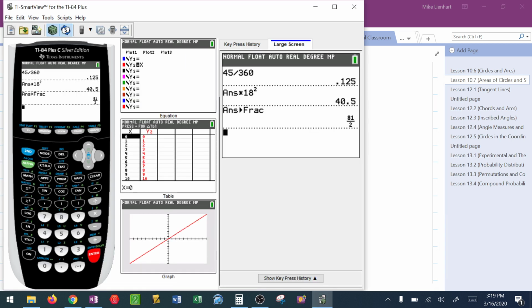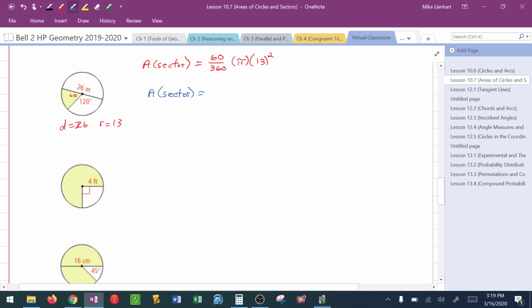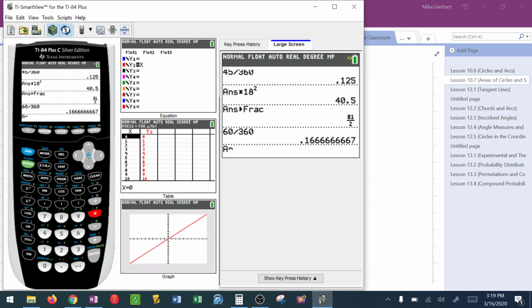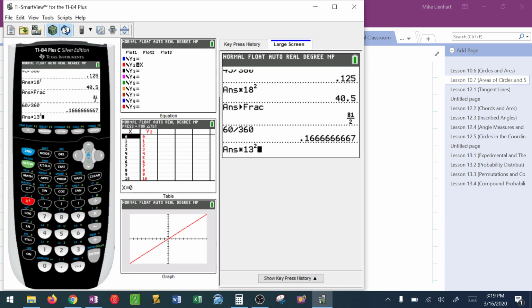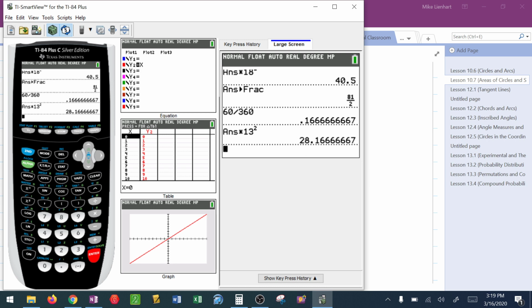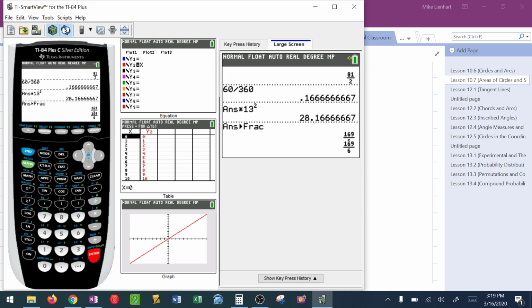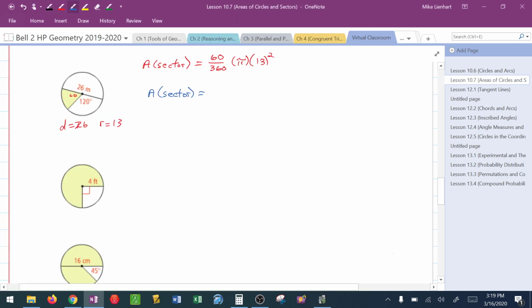I'm going to go 60 divided by 360. Get that decimal approximation, and then I'm going to multiply that times 13 squared. All right, and that gives me some decimal here. I'm going to change that, math, enter, into 169 over 6 pi meters squared.